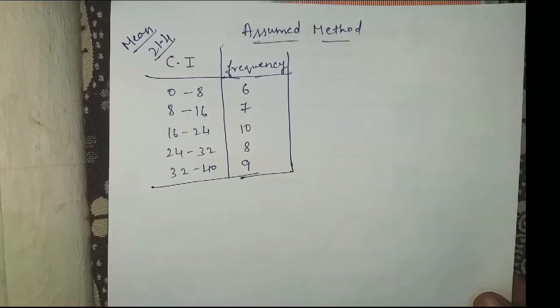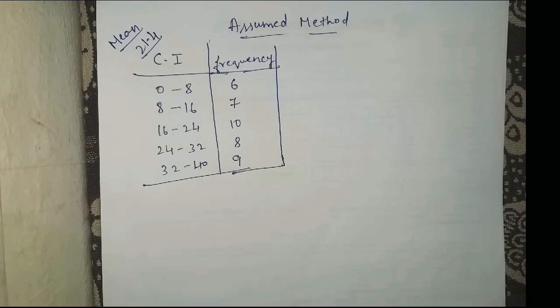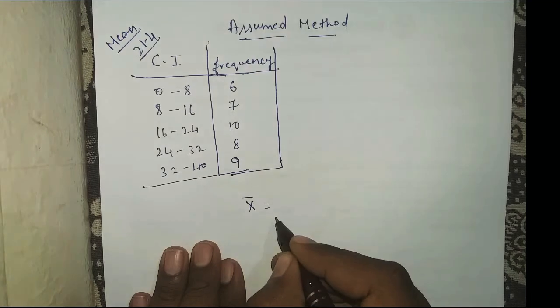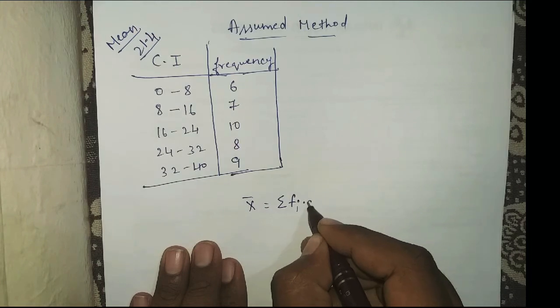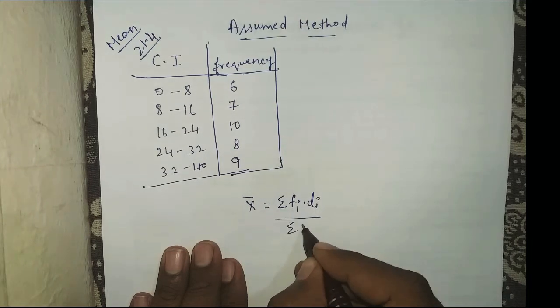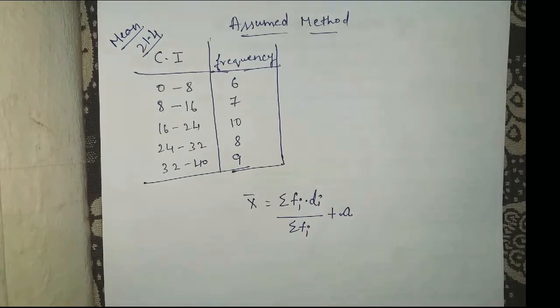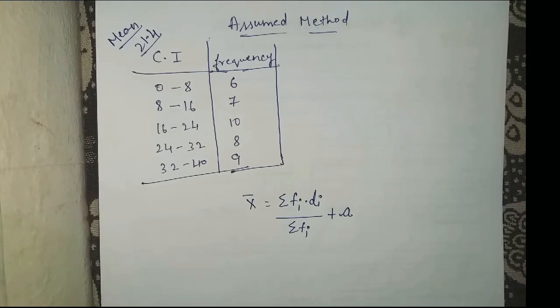So to find the assuming mean method, you need to know the formula again. For the assuming mean method, there is a new formula. Mean is equal to sigma fi into di all divided by sigma fi, plus a.